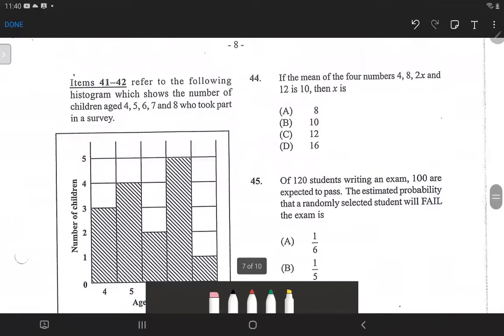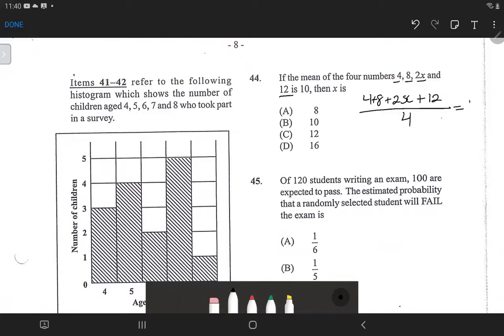If the mean of 4 numbers, 4, 8, 2x, and 12, is 10, then x is, so that means we have to add up all, divide by, we have 1, 2, 3, 4 numbers, and that has to be 10.